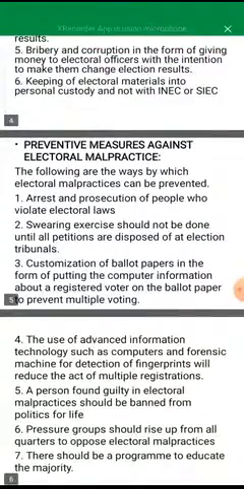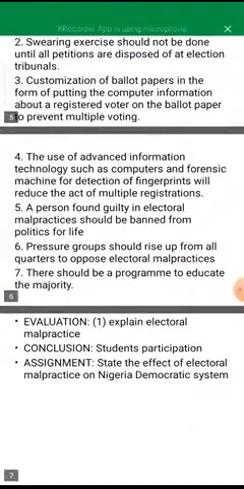We also talked about preventive measures, and I told you that some of the preventive measures is the use of advanced information technology such as computers and other machines for detection of fingerprints. That will help in reducing the act of multiple registration.